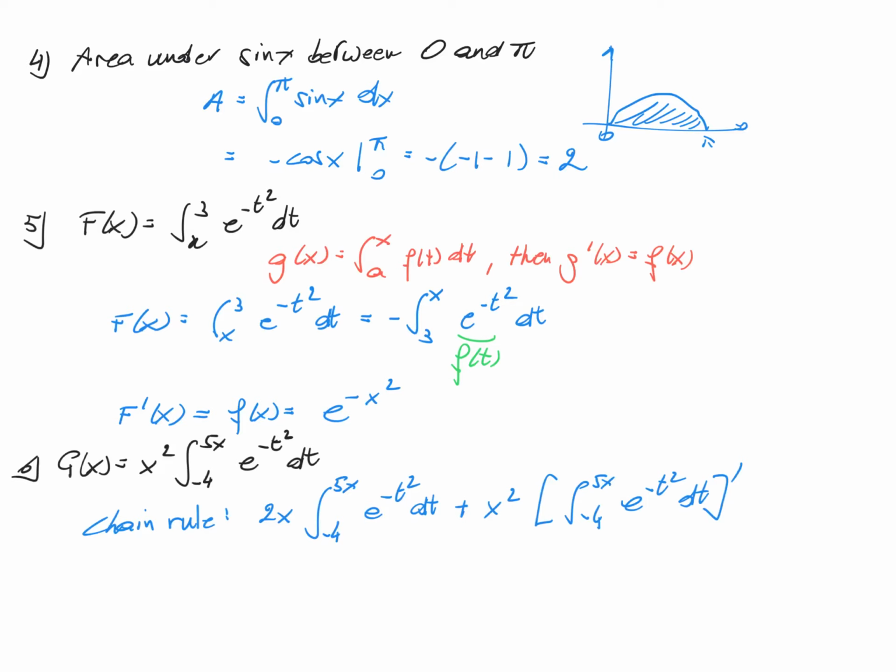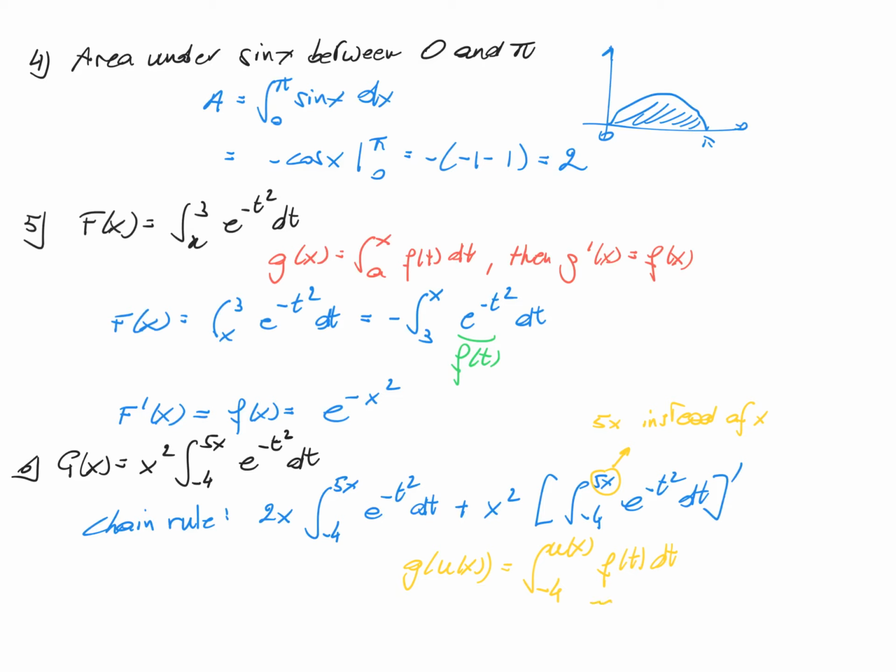We now have one additional problem. Here, this upper boundary is 5x instead of x. So we know what would happen if this is x, but we don't have x, we have 5x. So we have to modify the formula a bit. Instead of g of x, we now have g of u of x. So we have a function of x as the upper boundary. So this is the integral from minus 4 to u of x of f of t dt.